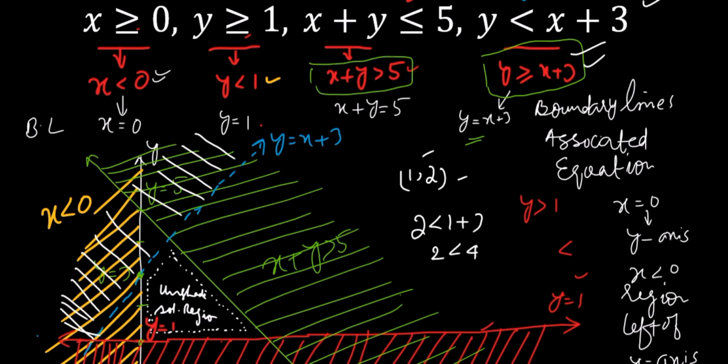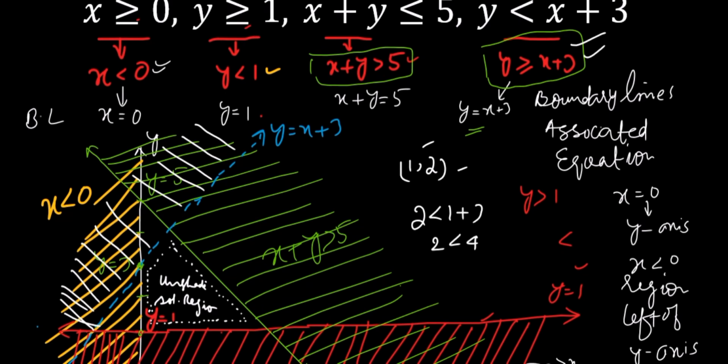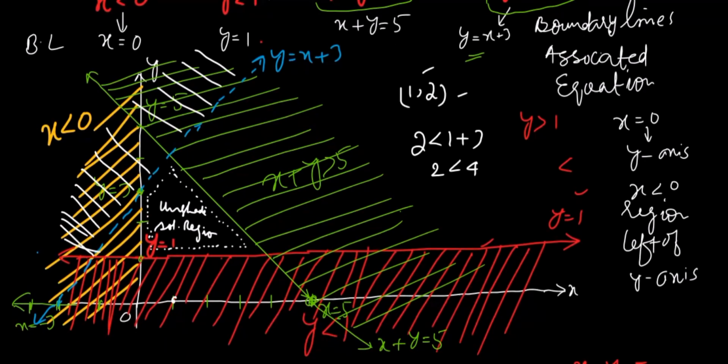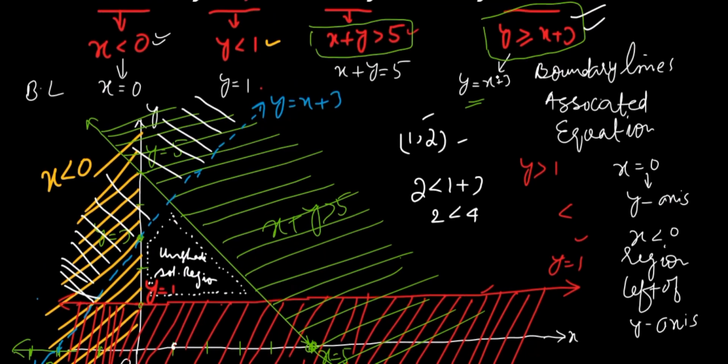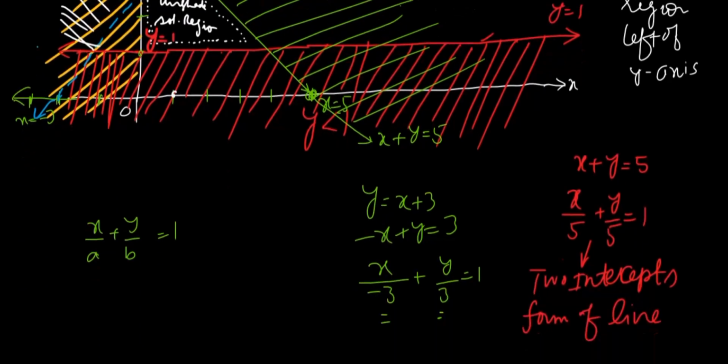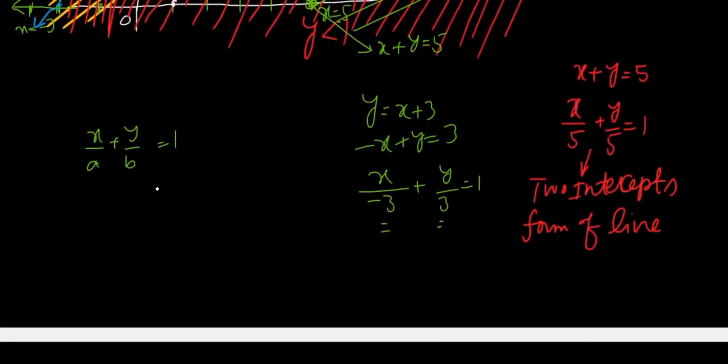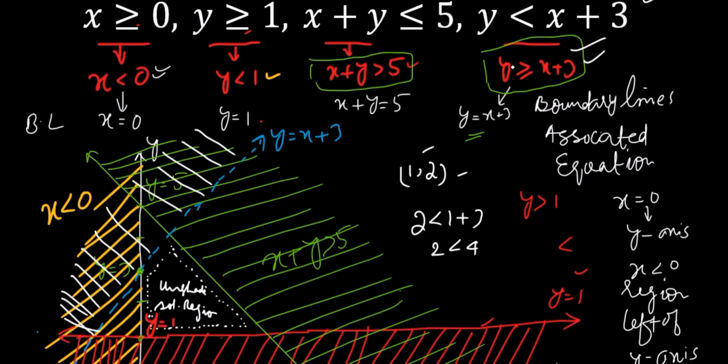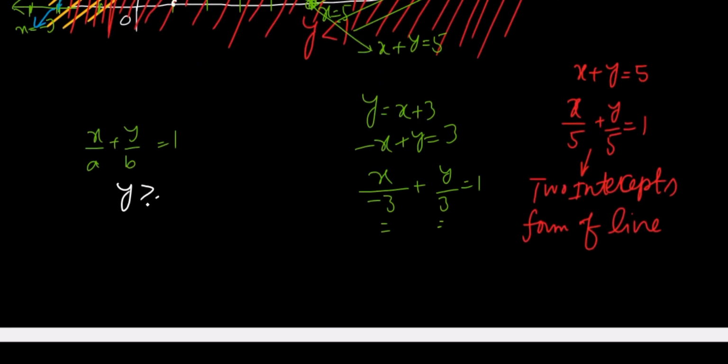If you have any doubt in shading the region of an inequality, you can take a test point. What do you mean by the test point? A test point is a point that can help you to determine the direction in which we have to shade. For example, here our inequality is y greater than or equal to x plus 3. For our convenience, we take 0, 0 origin as a test point.